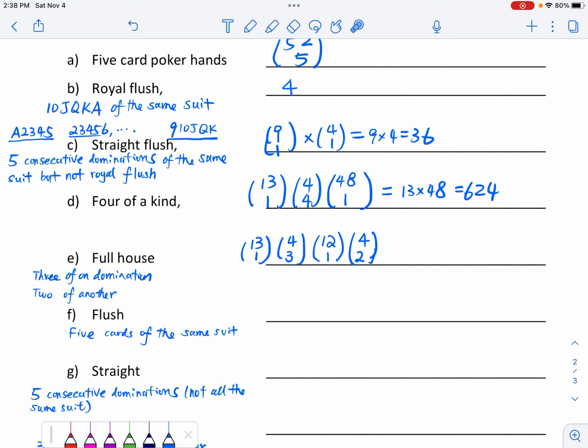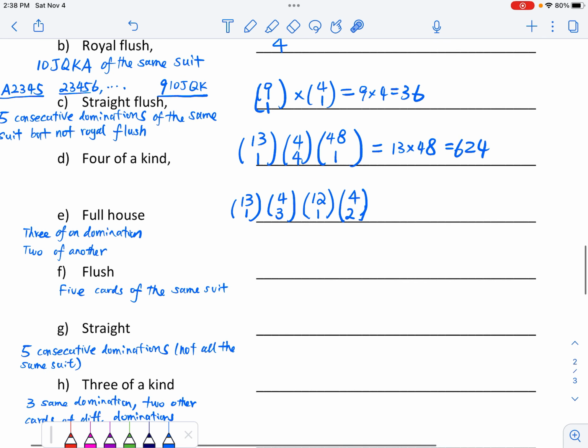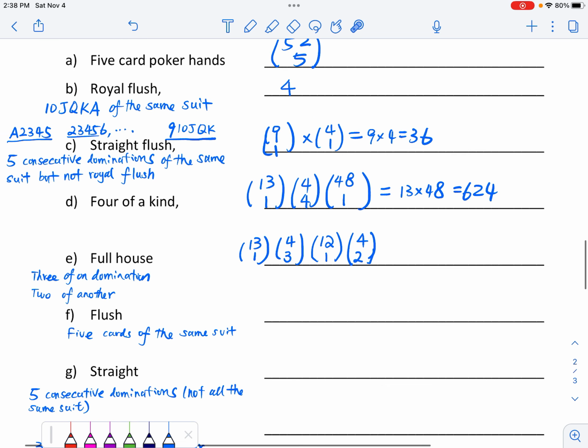Okay. Now let's take a look at flush. What is a flush? Flush is 5 cards of the same suit, and of course we have to exclude the royal flush and the straight flush.